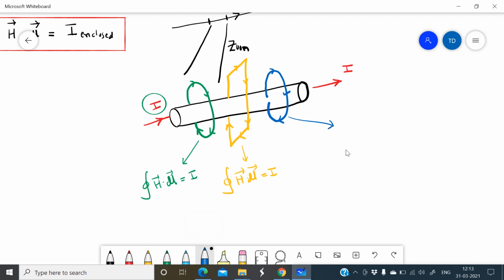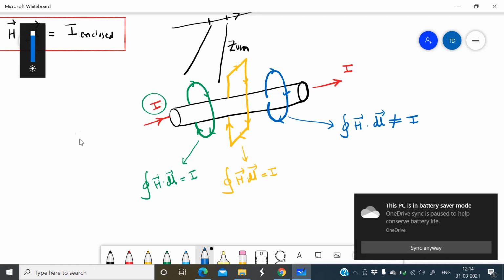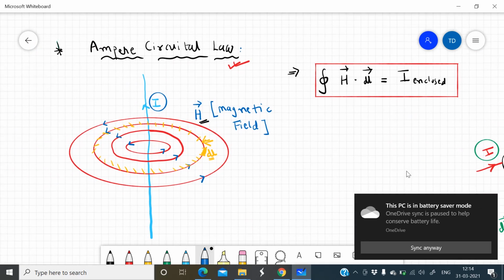This blue path is starting from inside the conductor and ending inside the conductor, so it cannot enclose current I. So the integral is not equal to I. Is it clear? This is the Ampere circuital law.